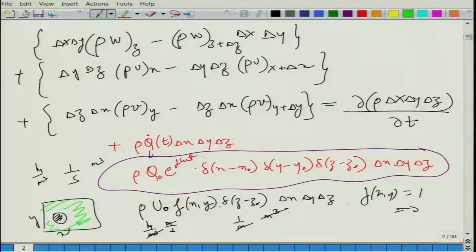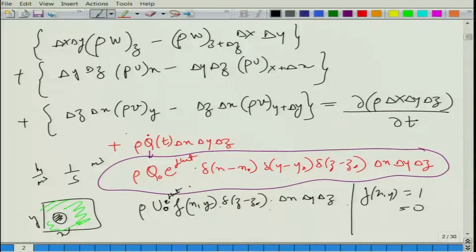So, basically all we need to do for modeling the uniform piston driven model, which I have been telling you is more accurate, is to use this, and of course, u naught is varying as e to the j omega t. When we have such a model, we can work out the algebra.